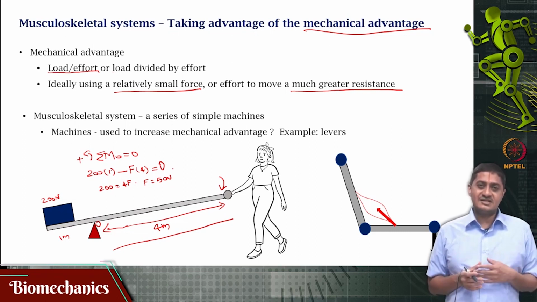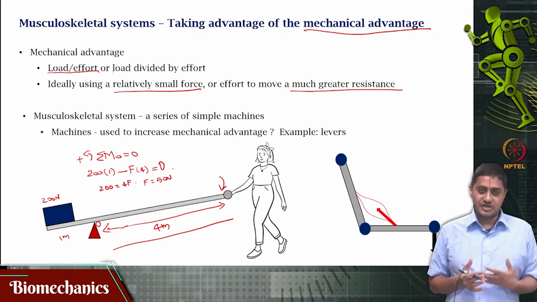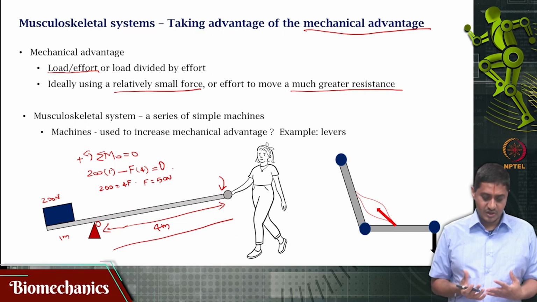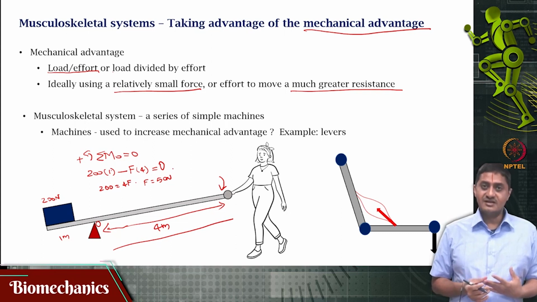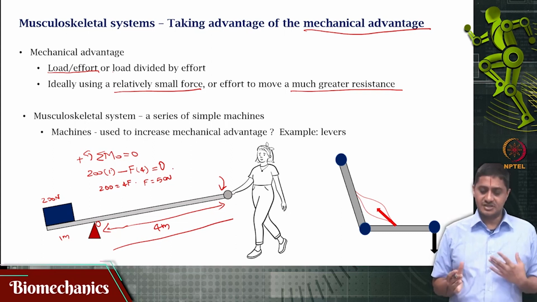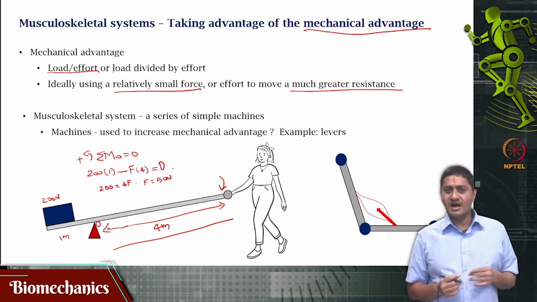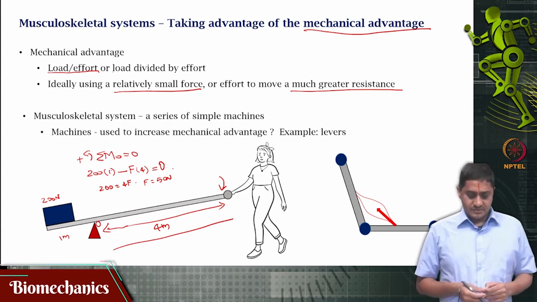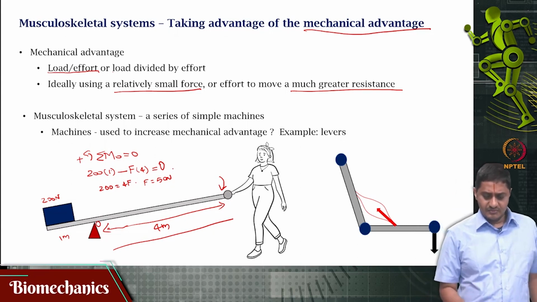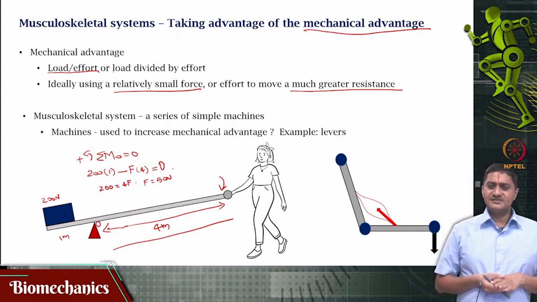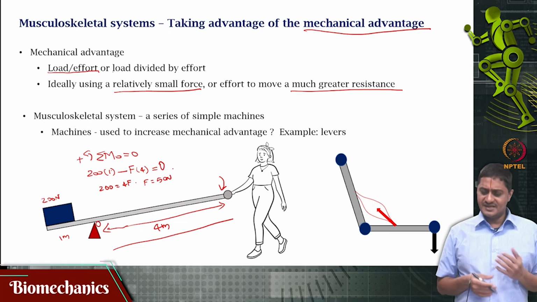So essentially this lady is having an advantage, and this advantage is the mechanical advantage because she is operating through a larger moment arm. That does not necessarily mean that this is what is always desired in the human system. This is an example of what happens in the human system, right. So the human musculoskeletal system is essentially a series of many simple machines.